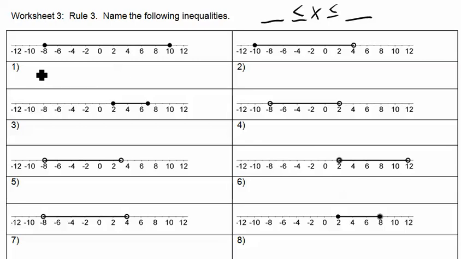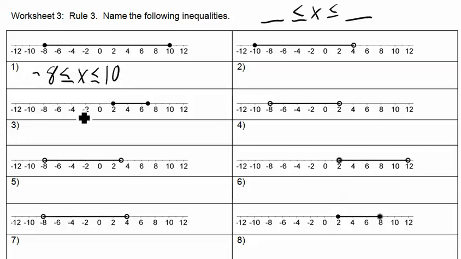So for number 1, x is between -8 and 10, but since they're filled in dots, it includes the -8 and the 10. So we do -8 is less than or equal to, because it's a filled in dot, x is less than or equal to, because it's a filled in dot, 10.